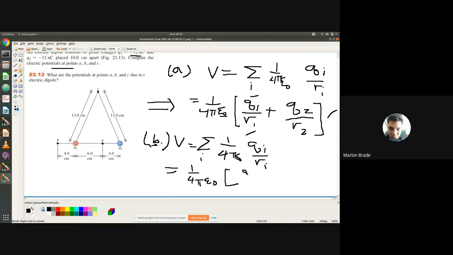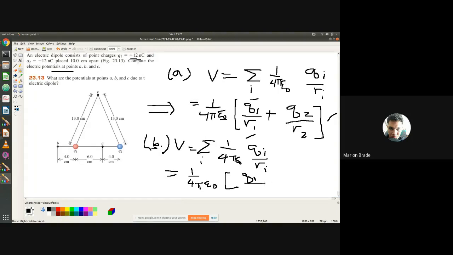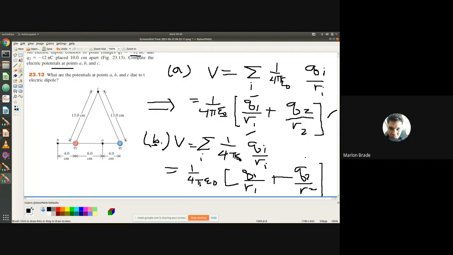This is Q1, with a charge of 12 nanocoulomb. The distance from Q1 to point B is 4 cm. You know it now, you fill in Q. Q2 is the same. R2, but what is R2? Okay, wrong, this is not R squared but R2. What is the distance from R2 to Q2?